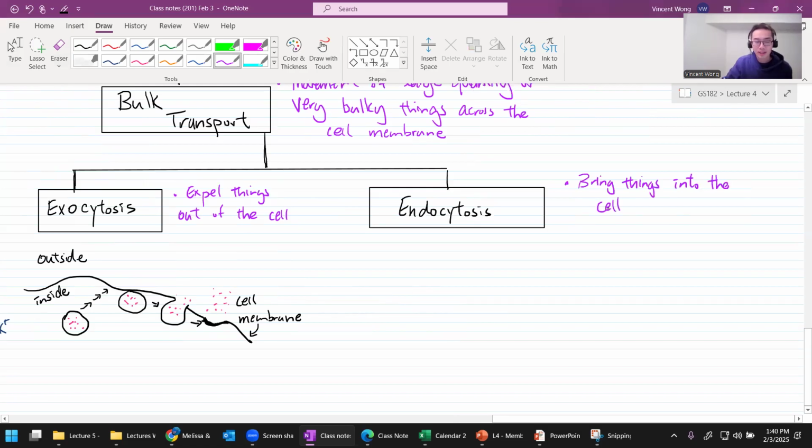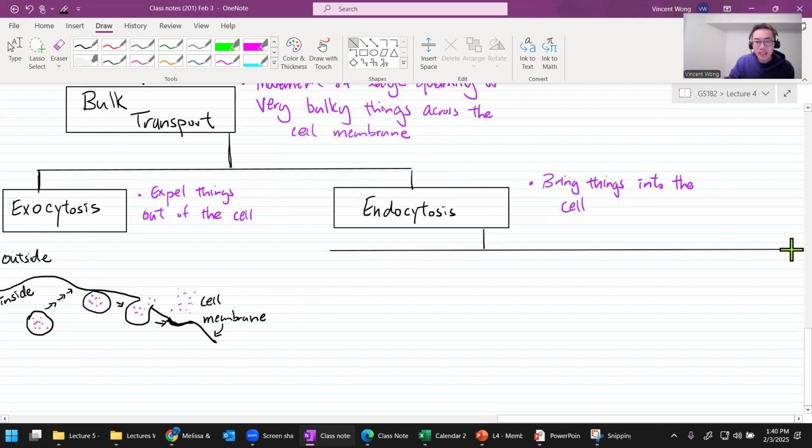Large things, okay, bulky things, right? And depending on what you are bringing in or how you're bringing it in, there are three different options.